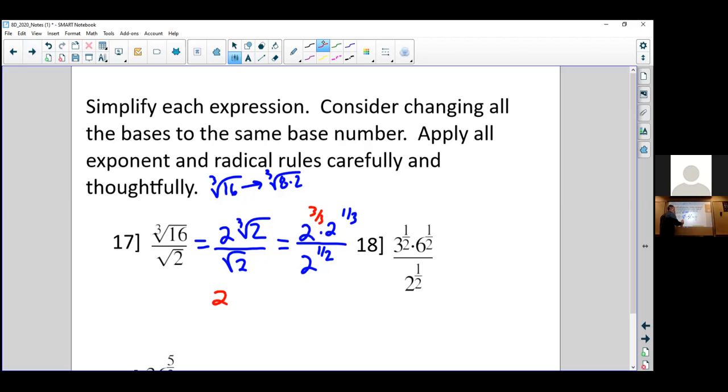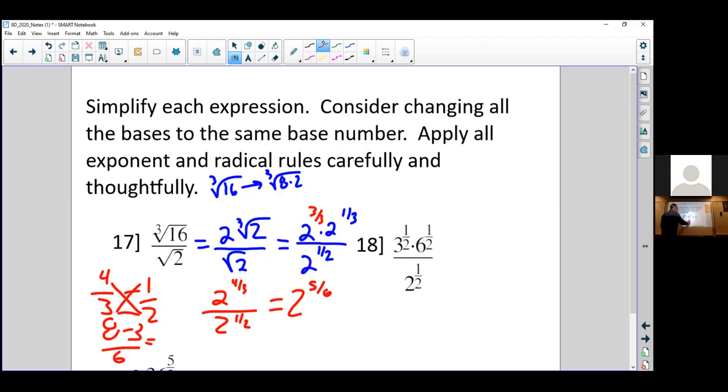Tug of war means I'm going to subtract my exponents. When I subtract my exponents, let's do my crisscross way. 3 minus 2 over 6 is 1 over 6. So my answer comes out to 2 to the 5 over 6 power, and we're all done.